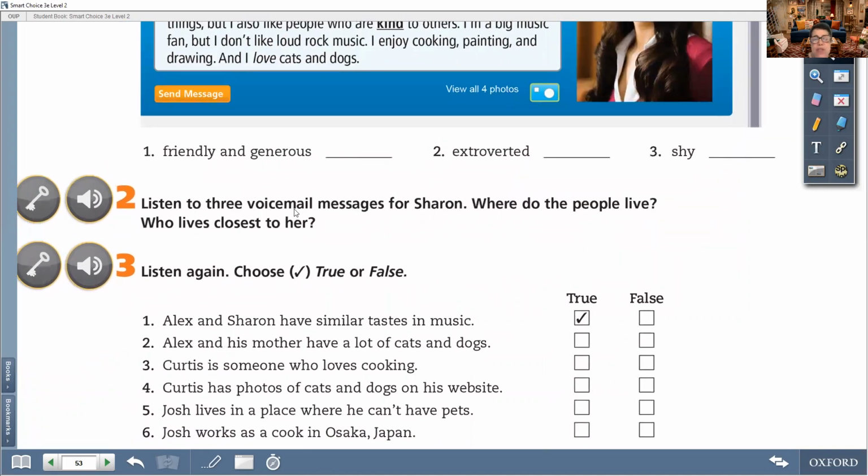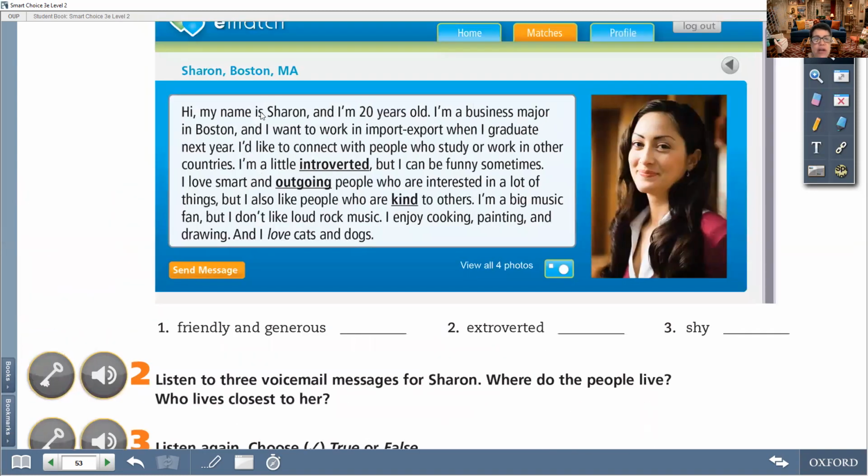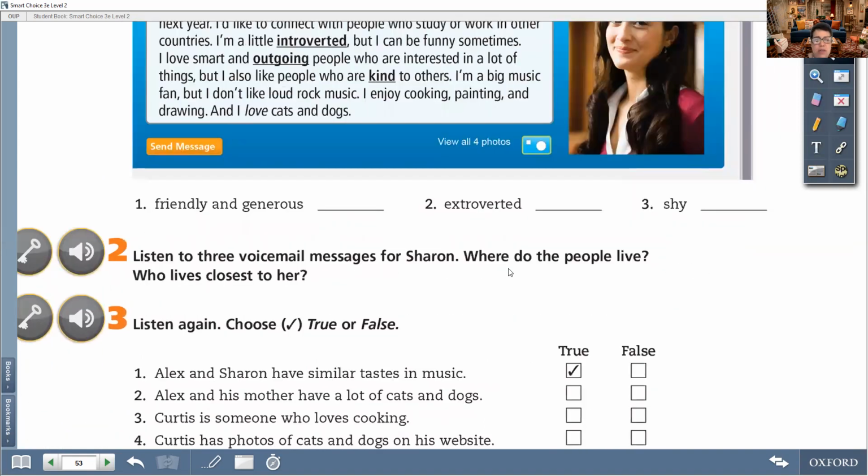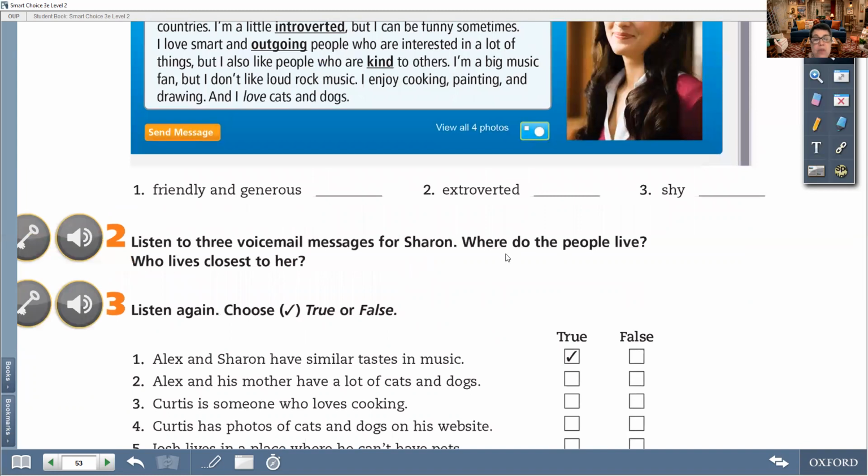Listen to 3 voicemail messages for Sharon. Where do the people live? Wow. 3 different people sent voicemails to Sharon. They were interested in her. They want to get to know her better. Okay. So, where do the people live? Because here, look, Sharon lives in Boston. Okay. Boston, United States. What about the people who send the voicemail?